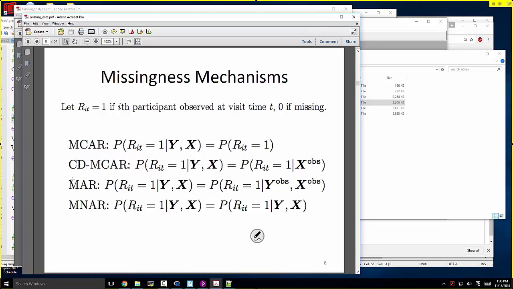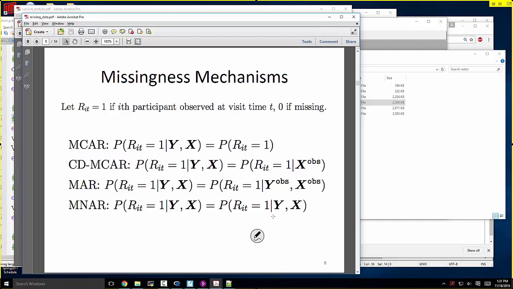The hardest, most pathological case is called missing not at random, and this is when the probability of missingness depends potentially on the value we would have observed. So for example, in a clinical trial, if you are more likely to drop out the sicker you are, that's missing not at random.